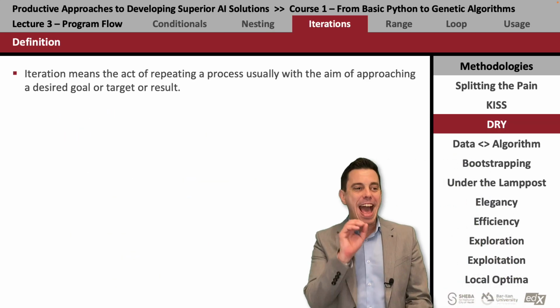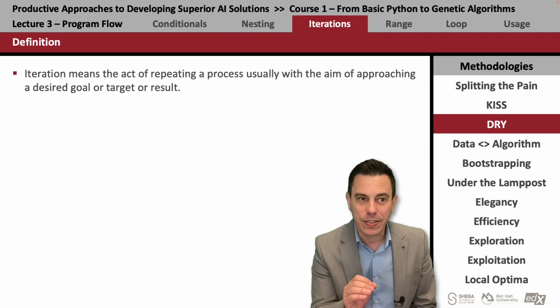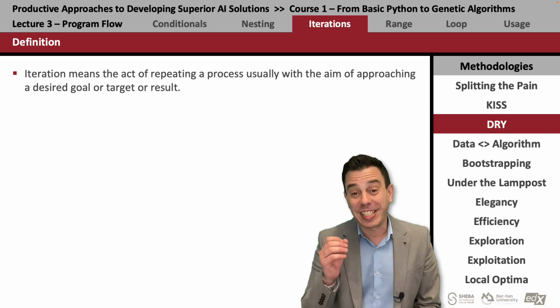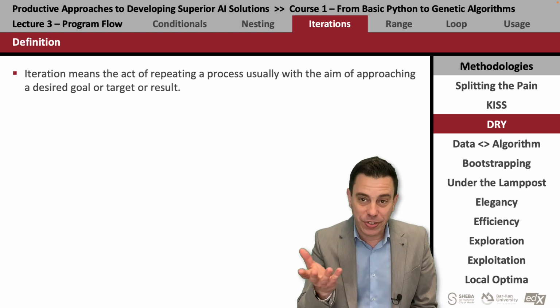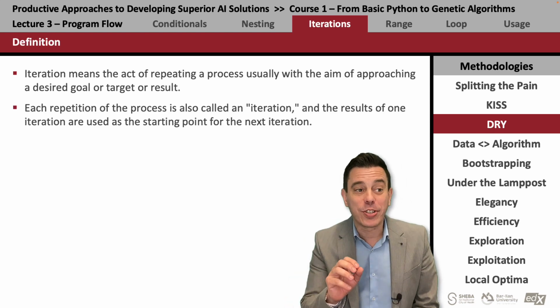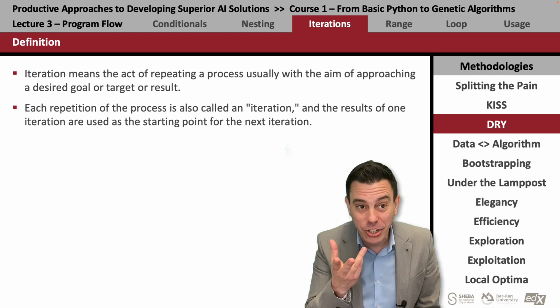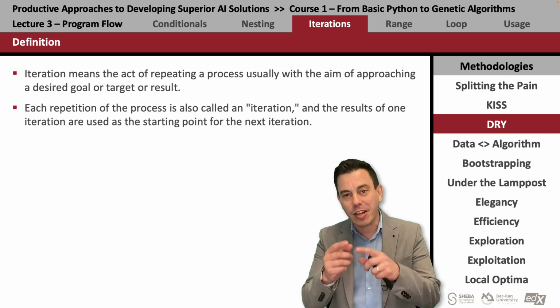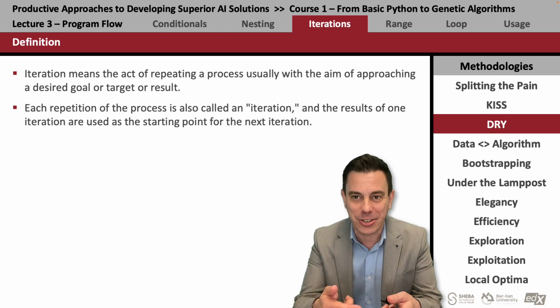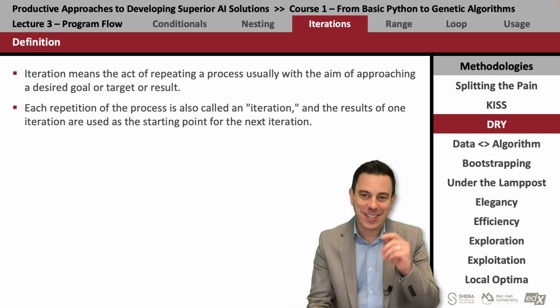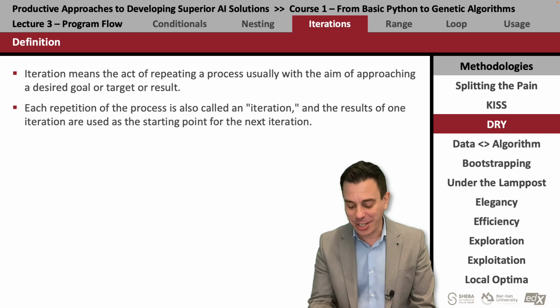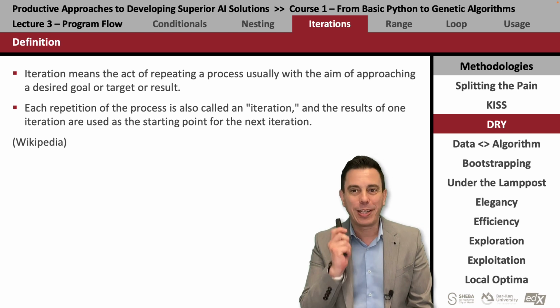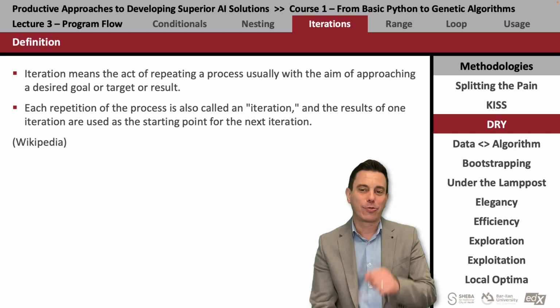Iteration means the act of repeating a process, usually with the aim of approaching a desired goal or target or result. Each repetition of the process is also called an iteration, and the result of one iteration are used as the starting point of the next iteration. I did not invent this definition. It is from Wikipedia, and it's true.